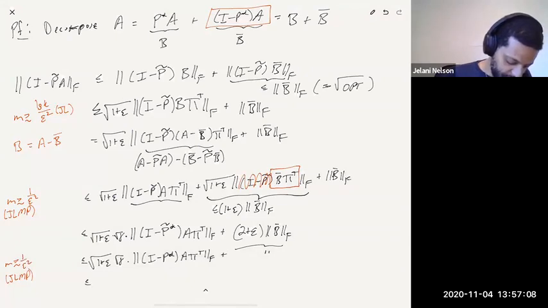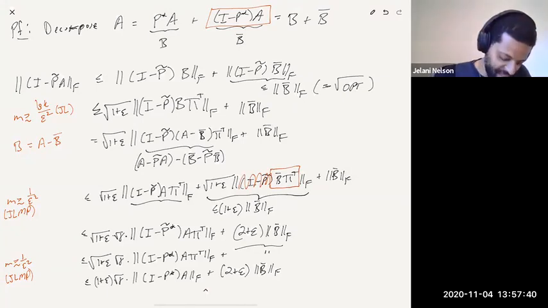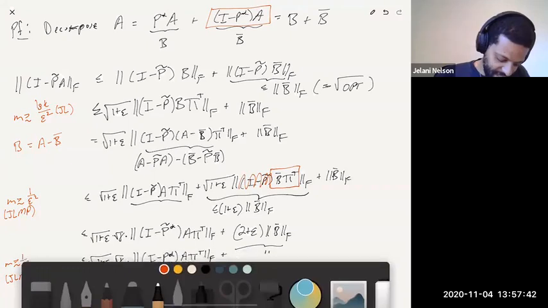So this is at most root 1 plus epsilon, 1 plus epsilon root gamma times identity minus P star A without pi, plus 2 plus epsilon B bar F. Now, what is B bar? B bar is identity minus P star A. So these two things are the same thing.